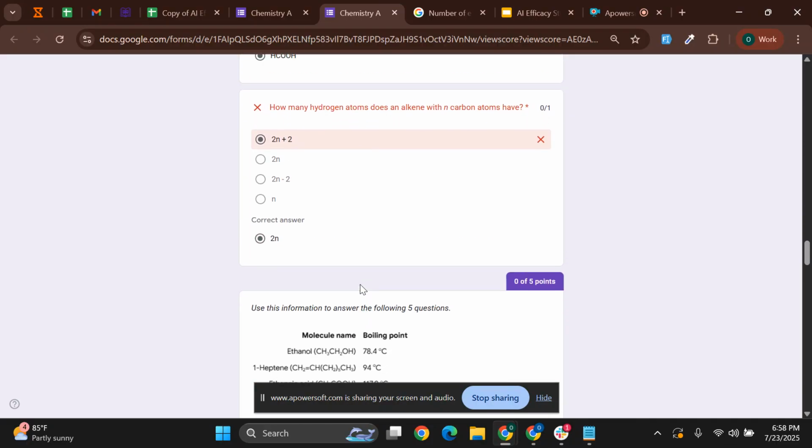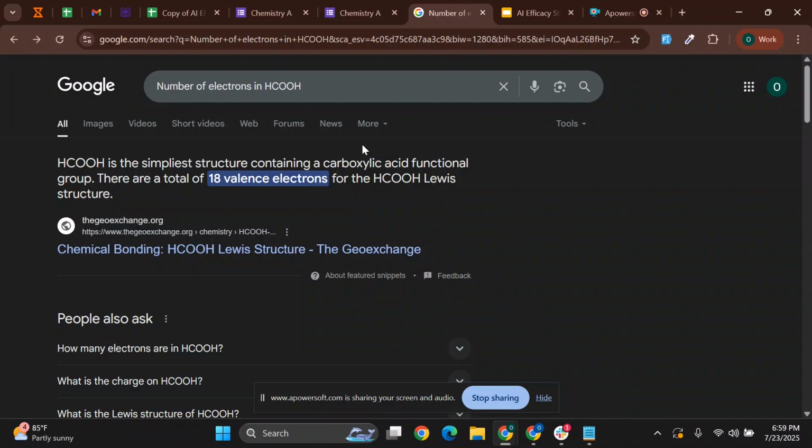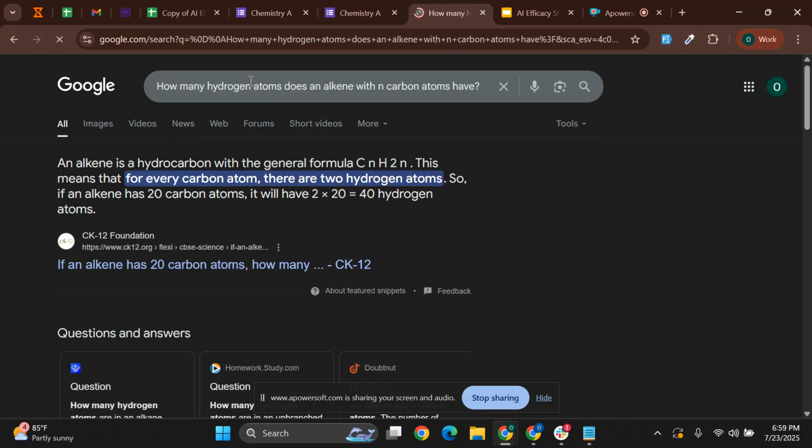How many hydrogen atoms does an alkane with n carbon atoms have? A hydrocarbon with the general formula CnH2n means that for every carbon atom there are two hydrogen atoms.